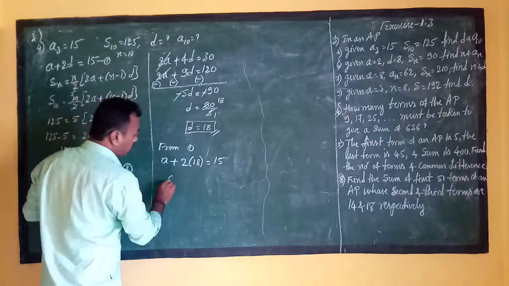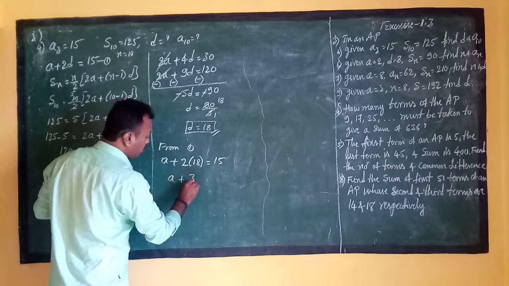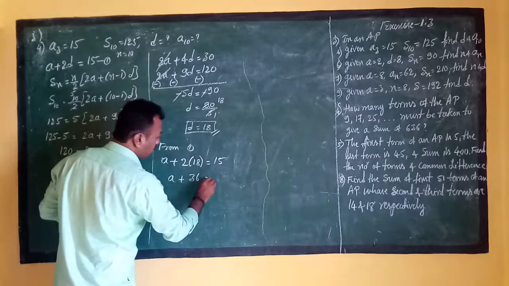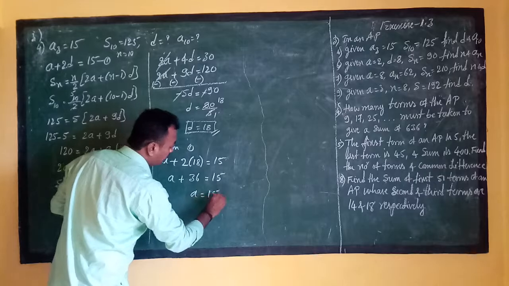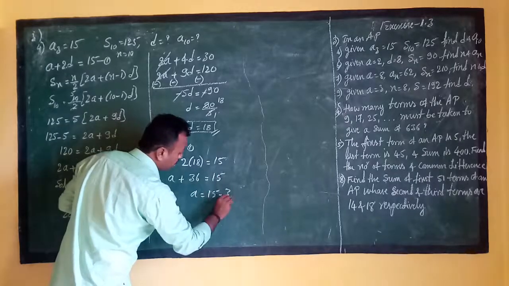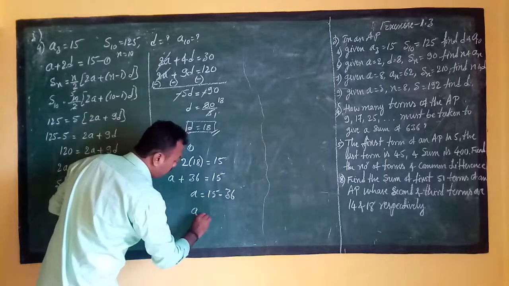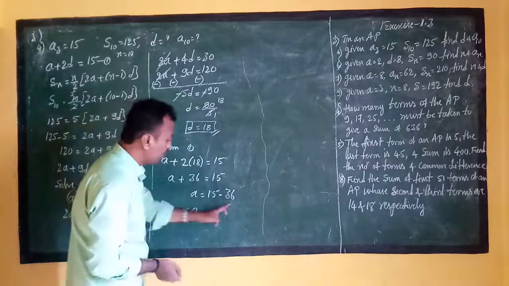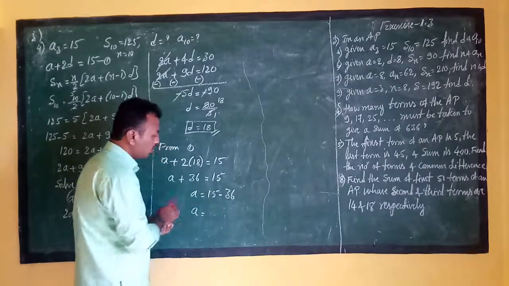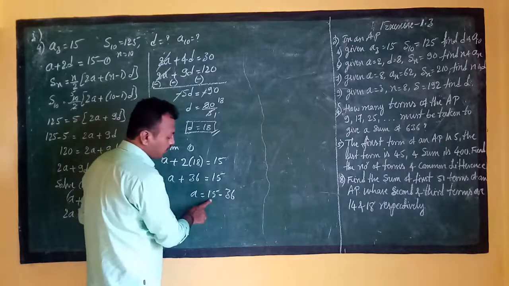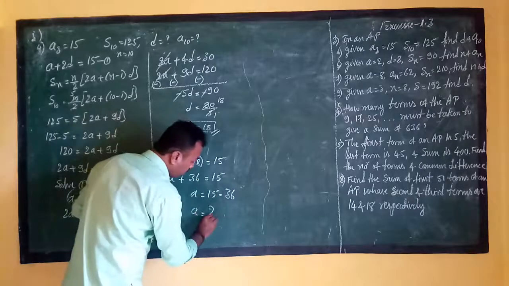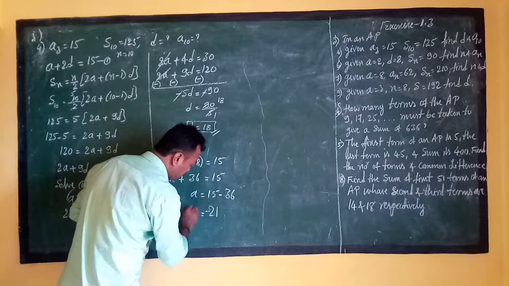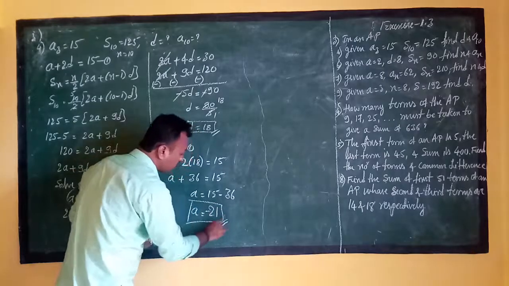Yes, a plus 18 2s are 36 is equal to 15. So a is equal to 15 minus 36. So 36 minus 15: firstly 36 minus 10 is 26, and then 26 minus 5 is 21. Therefore a is minus 21. This is the first term.